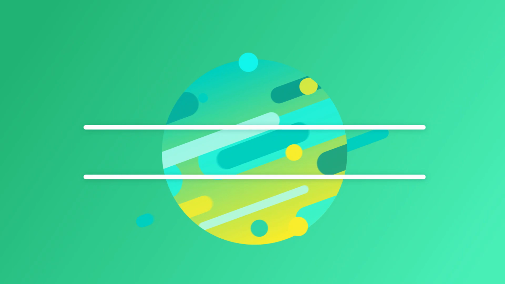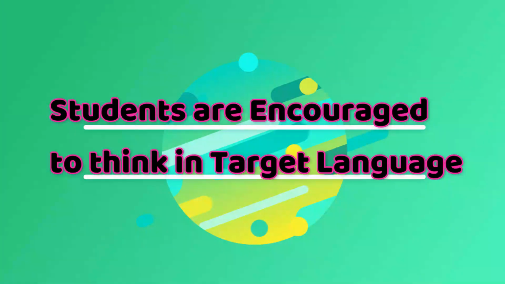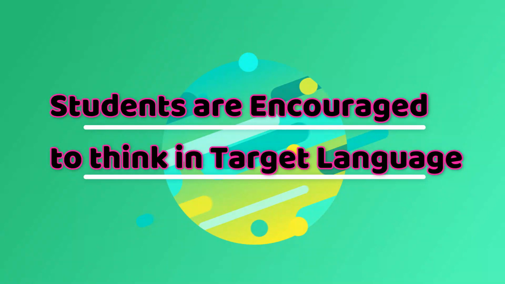Then students are encouraged to think in the target language. They are motivated not to convert and not to translate to the mother tongue in their minds. This is the normal condition with the GTM students. First they translate things in their mind and then they speak it and write it. Because they do not think in the target language, they think in the native language and then they convert their thinking into the target language.